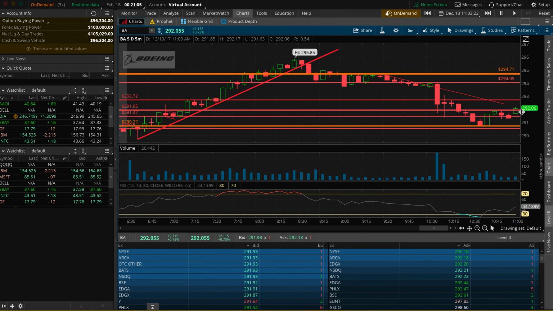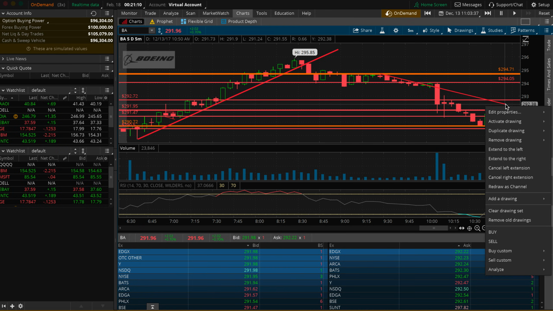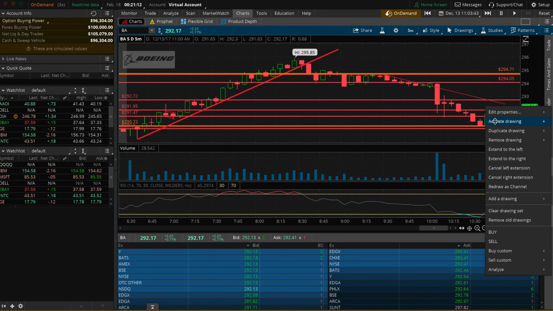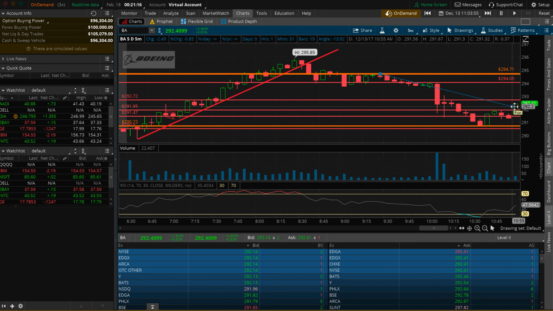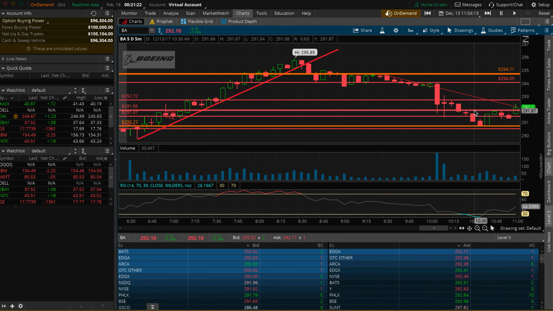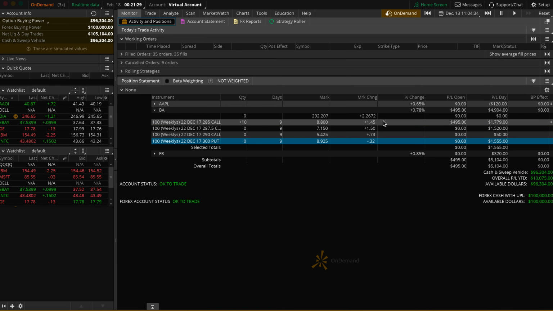This candle pushing through. We got this resistance though. This resistance is coming up right here. That double resistance. See if we can push through that double resistance. See where we're at.